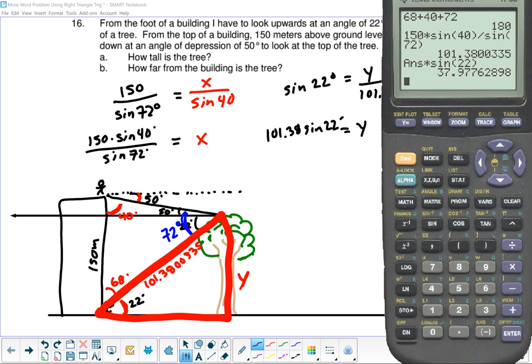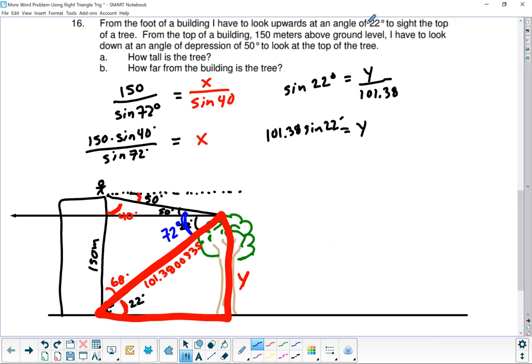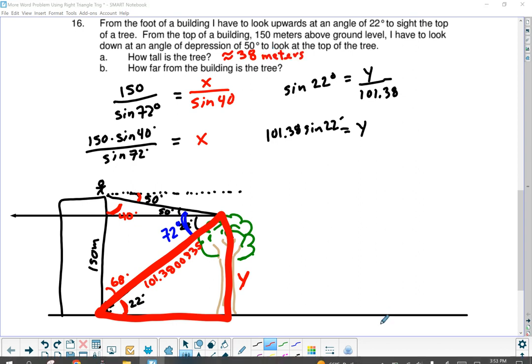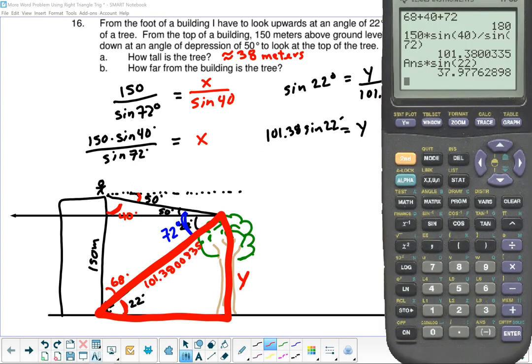That's the final answer. Looking at all of these, they're whole numbers, so I'll say the height of the tree is approximately 38 meters, because the answer was 37.9.